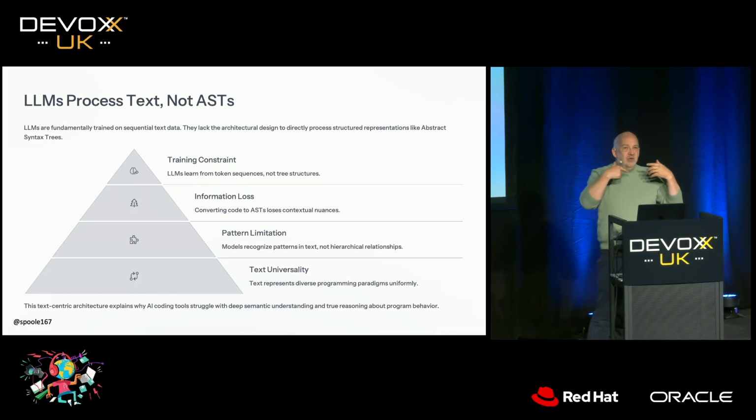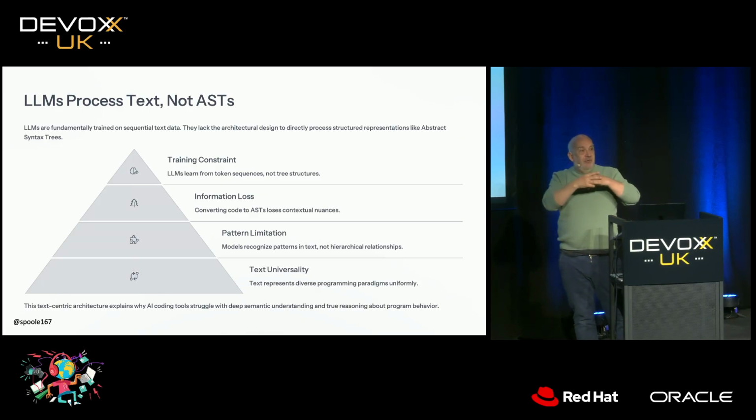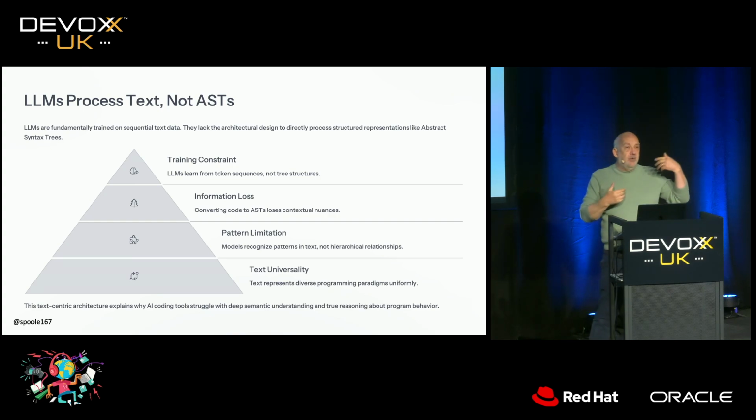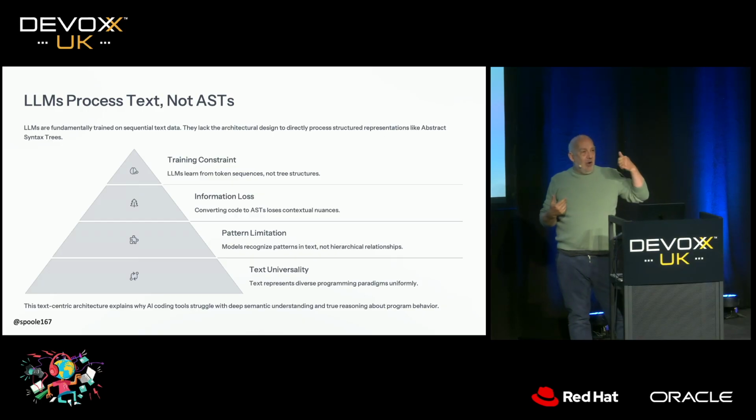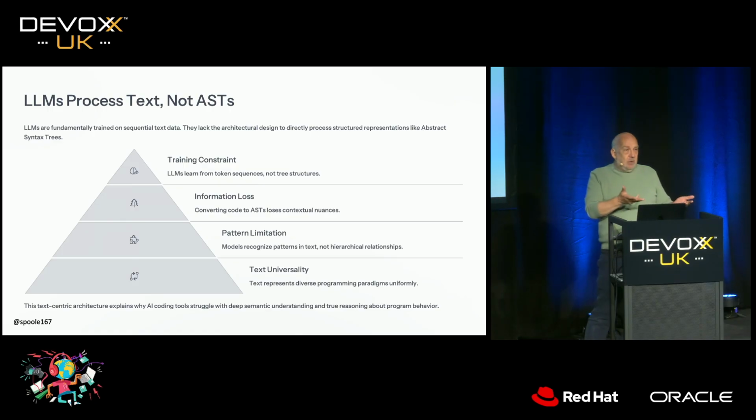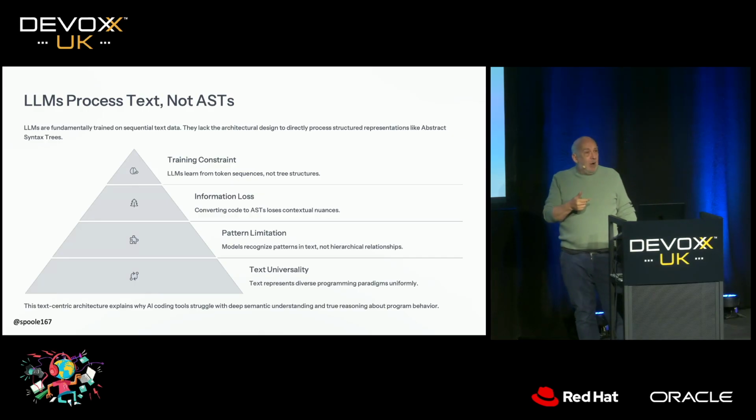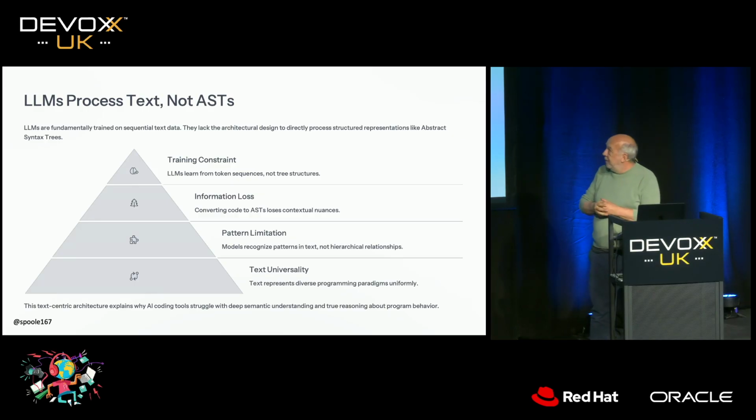If I go to Java, I could parse Java code and construct an abstract syntax tree of your code, and I could put that into the LLM, and it wouldn't know what to do with it unless it had a lot more of them. Because it doesn't need an AST. It doesn't need to understand how your programming language works. It just wants millions of examples because it'll figure out whatever it thinks the right answer is. So you get none of that.